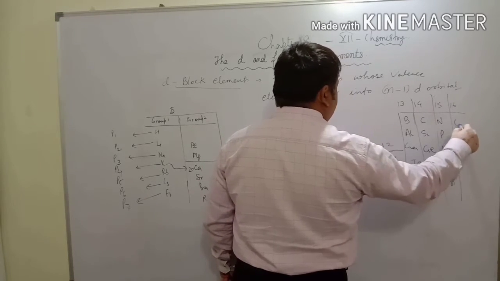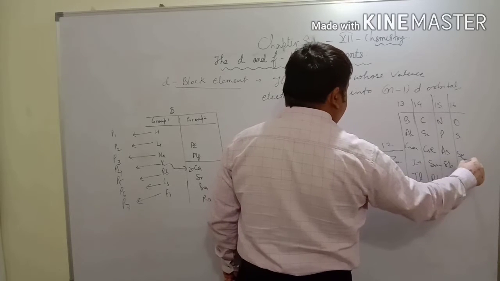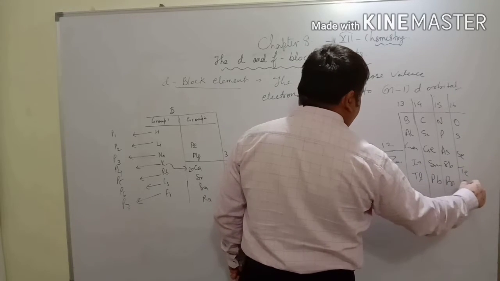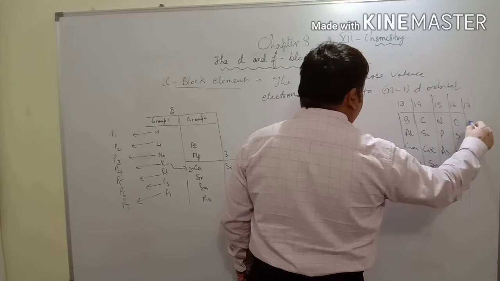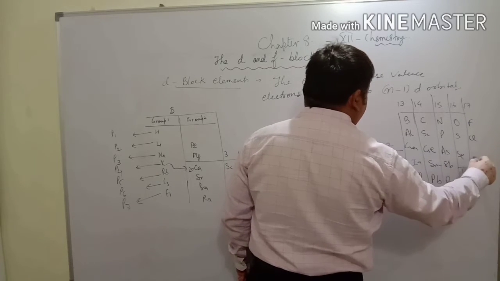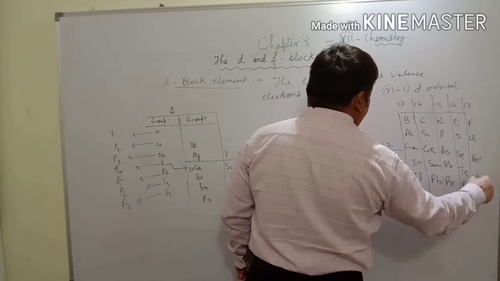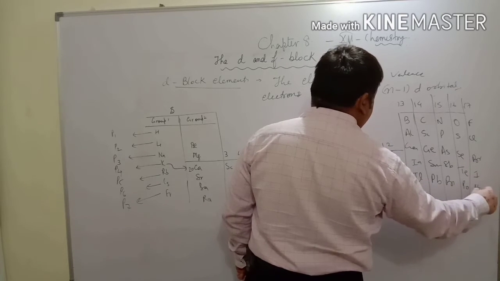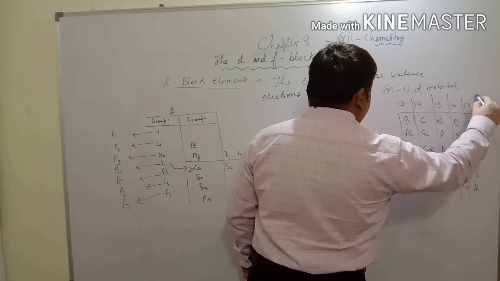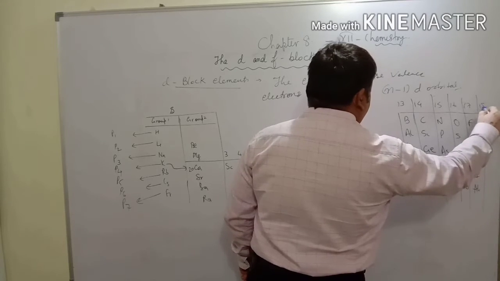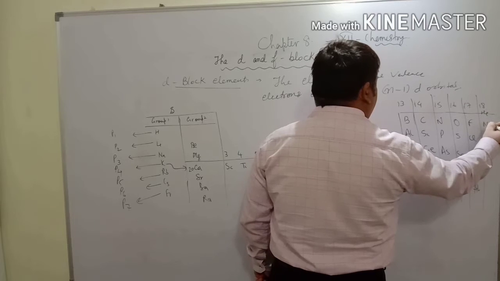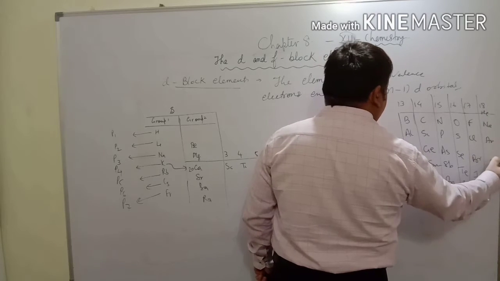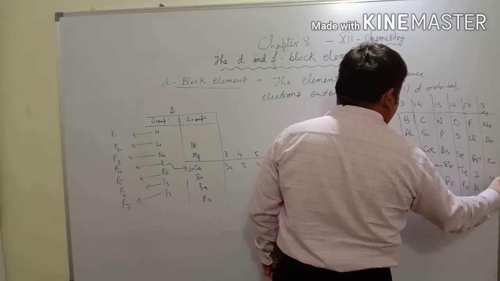Then 16, oxygen, sulfur, selenium, tellurium, polonium. Then 17, fluorine, chlorine, bromine, iodine, and astatine. And at last, group 18 starts with helium, neon, argon, krypton, xenon, and radon.